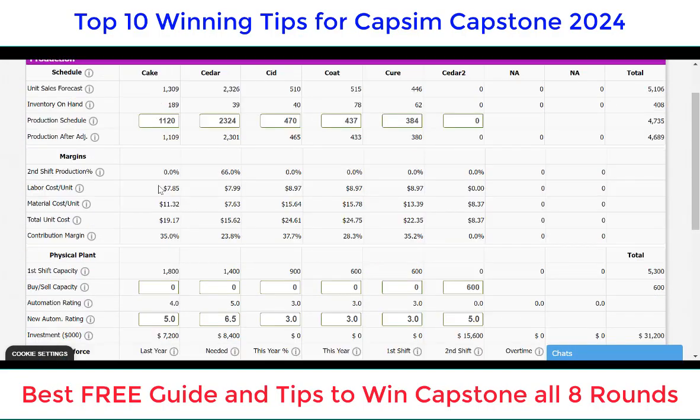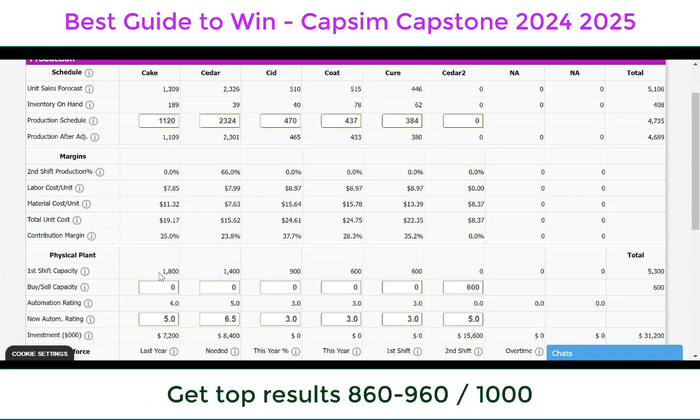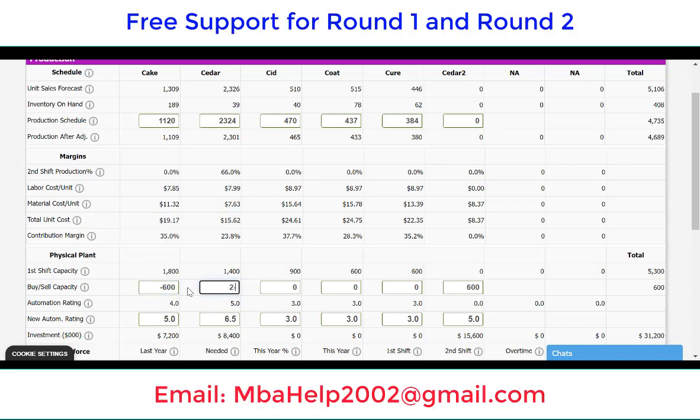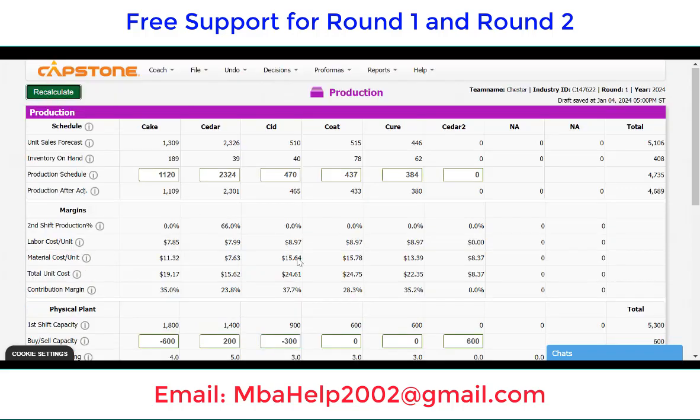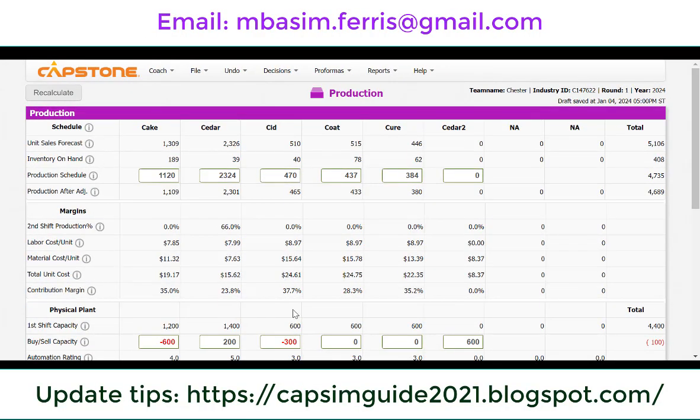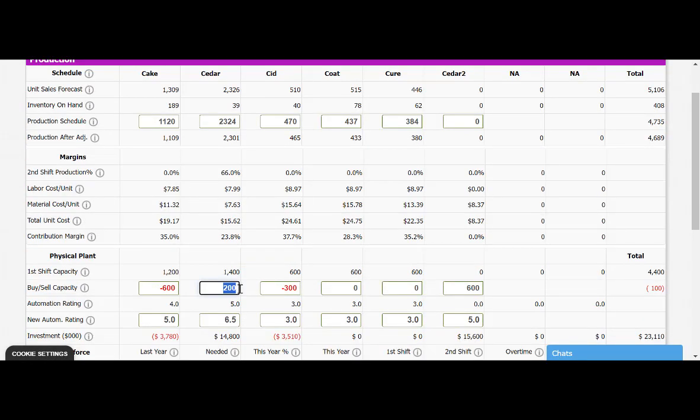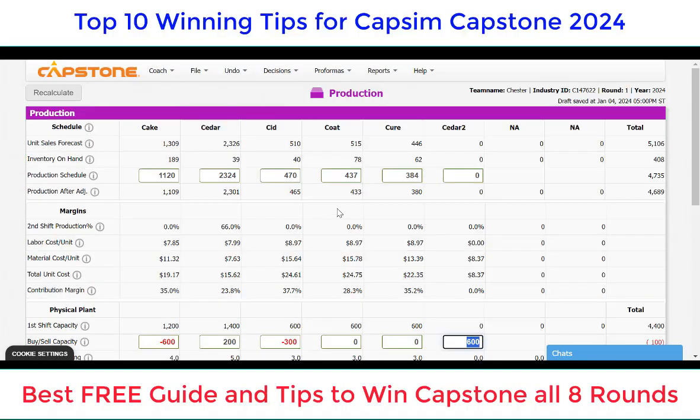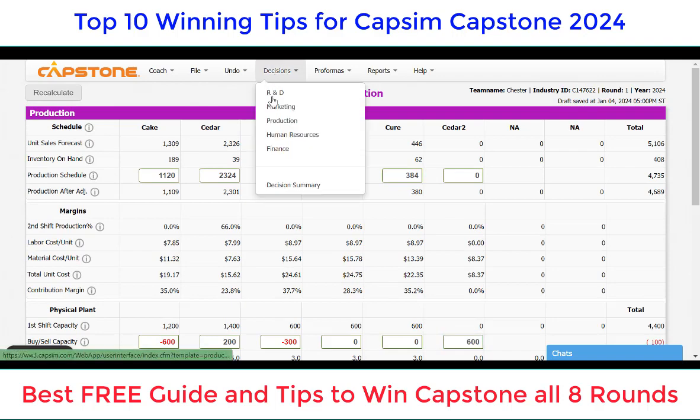And now you see that we can produce the second shift to the first shift, and the second shift 200% of the capacity. So we don't need that much. Because we have enough capacity for the next few rounds, we sell some surplus capacity and buy the needed capacity, buy the new capacity for the new product. So that's for the production.